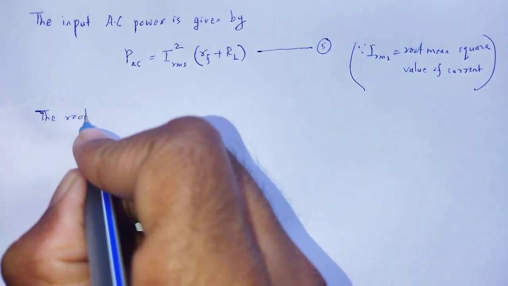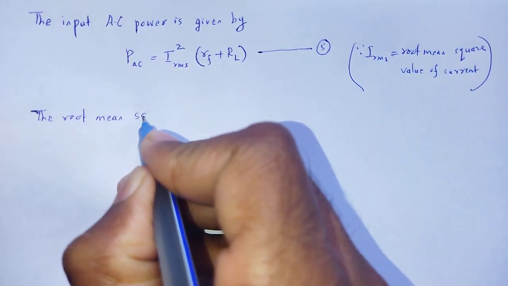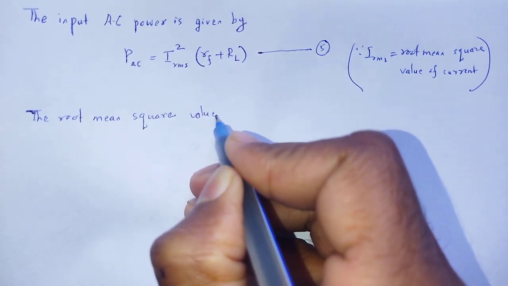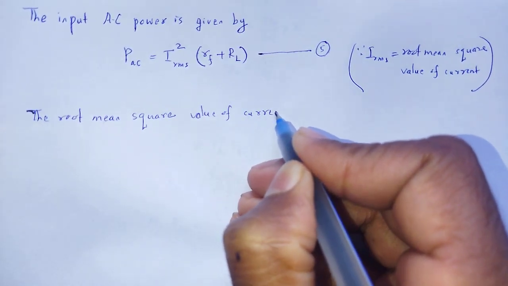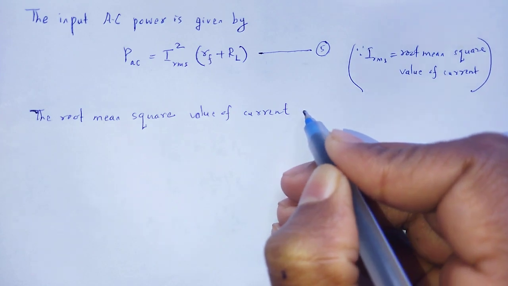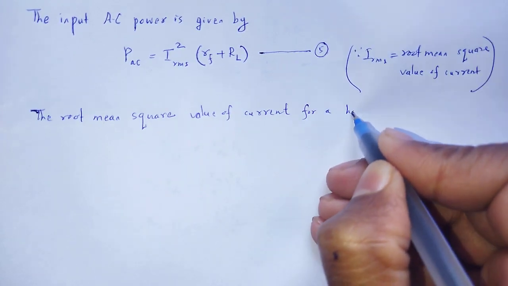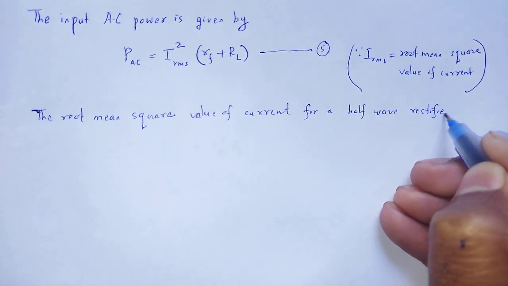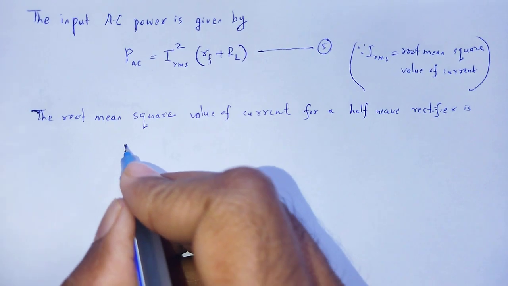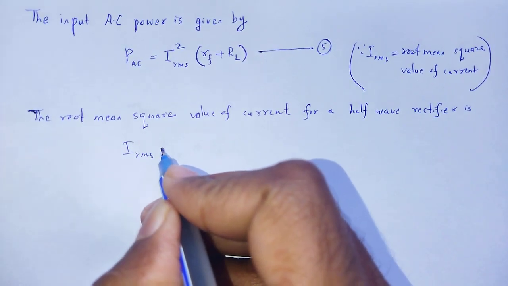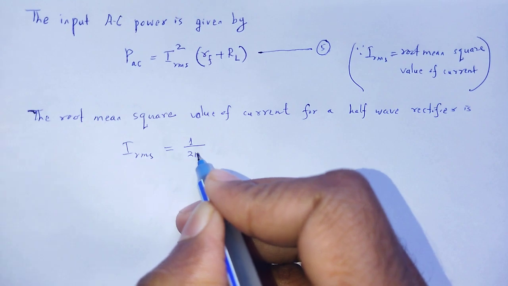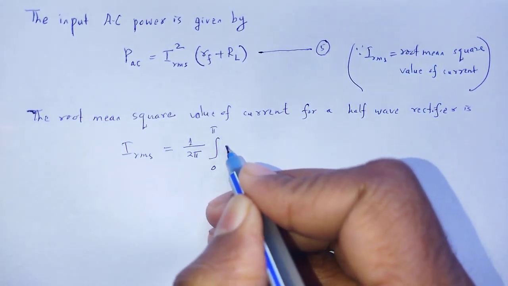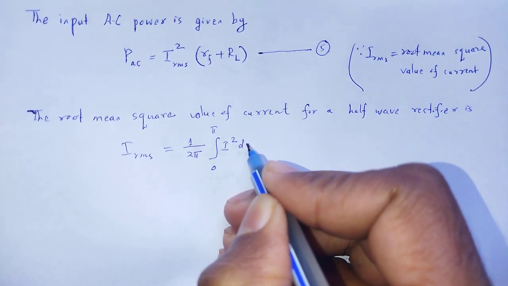The root mean square value of current for a half wave rectifier is I RMS is equal to the square root of 1 by 2 pi integration over 0 to pi I square d theta.